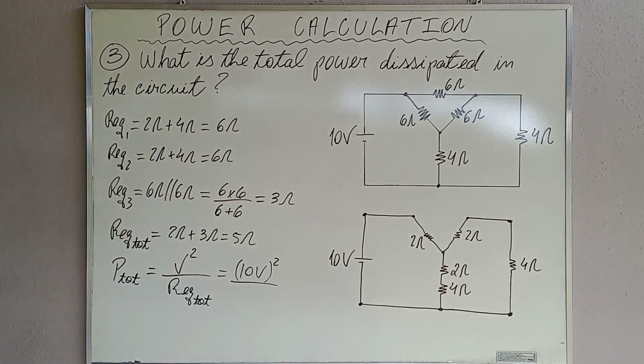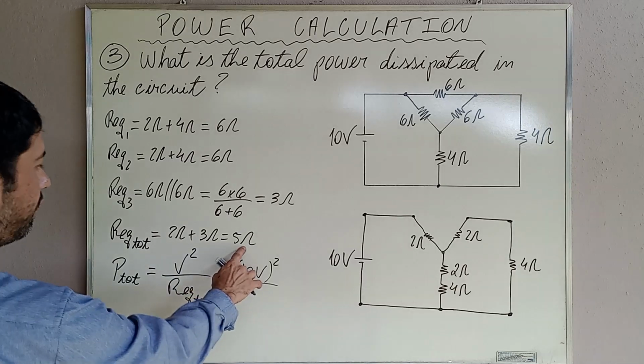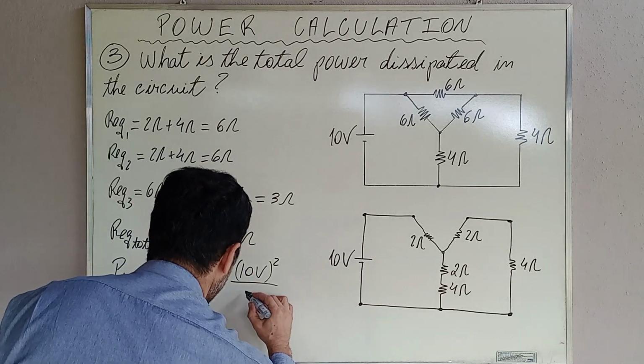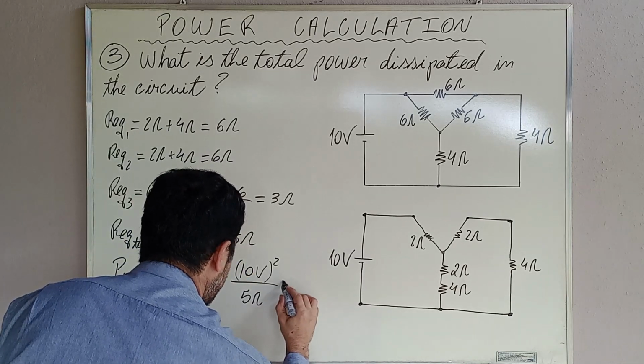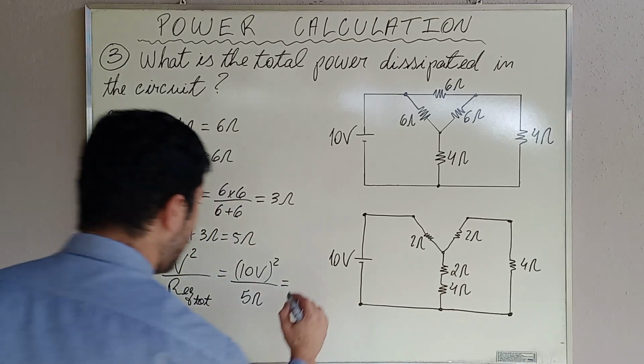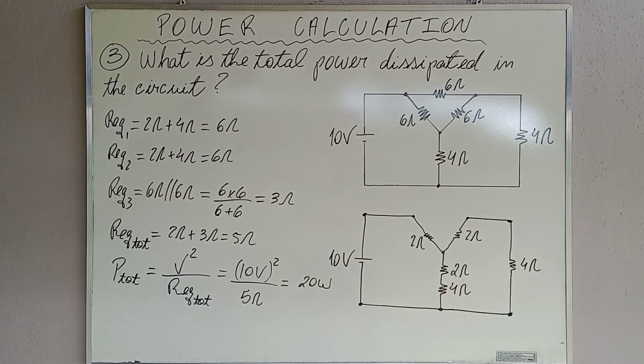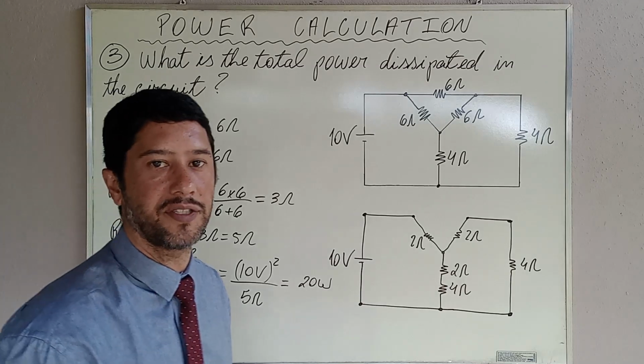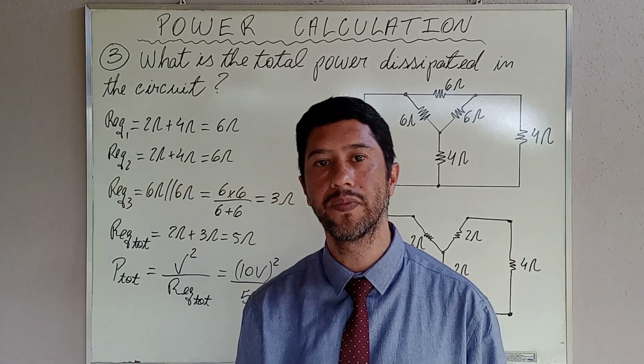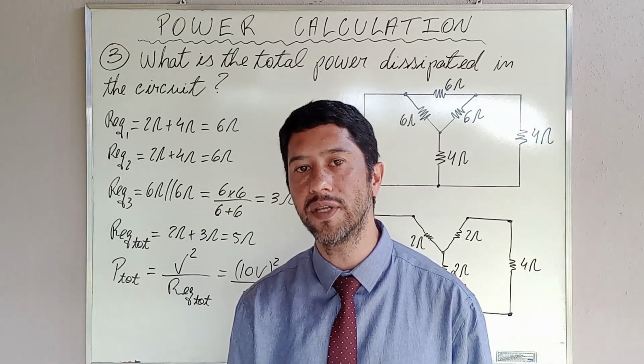And the total equivalent resistance is 5. And this is equal to 20 watts. And this is precisely what the exercise wanted us to calculate. And it is all for the discussion of exercise number 3. Let's go to the next.